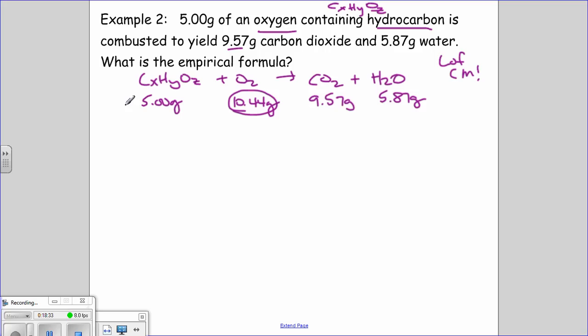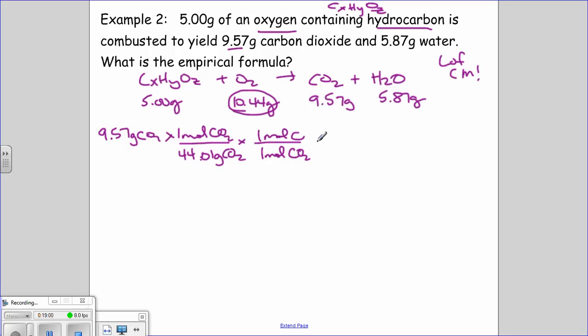We're going to start off the same way we did. We can get to the carbon component and the hydrogen component using our analysis of the products. So we have 9.57 grams of carbon dioxide times 1 mole of carbon dioxide, which is 44.01 grams, I think, is what I said earlier. And I need to go to carbon, so 1 mole of carbon dioxide has 1 mole of carbon in it.